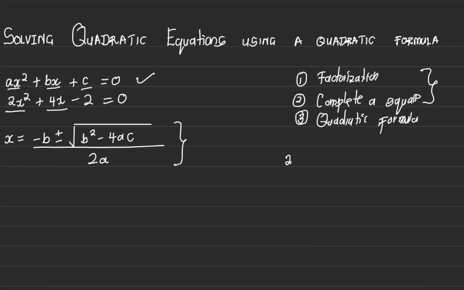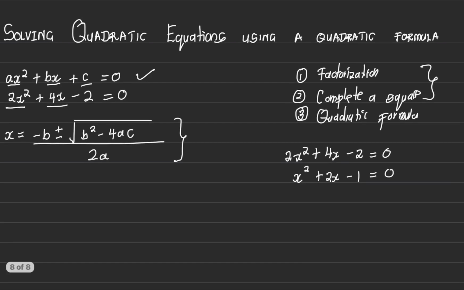Take the equation 2x squared plus 4x minus 2 equals 0. If you check this equation, you can see that we have a common factor, which is 2. So we can divide by 2 throughout the equation. We will be left with x squared plus 2x minus 1 equals 0.